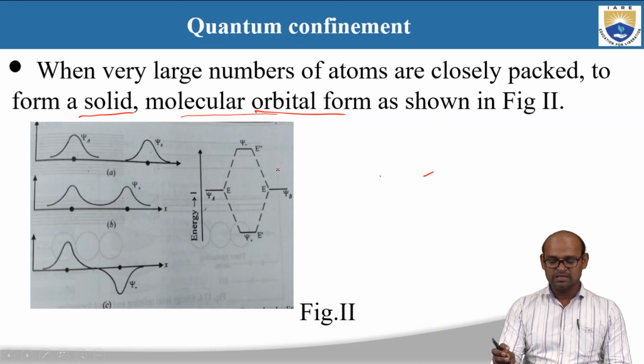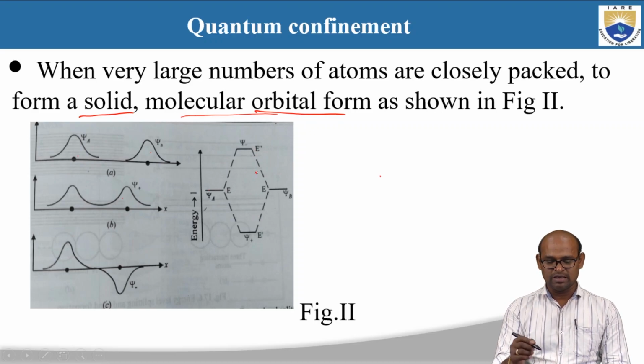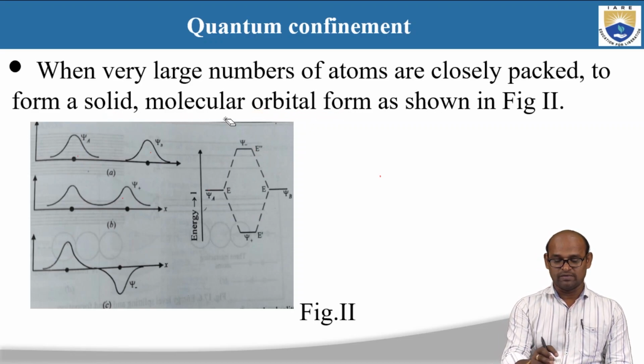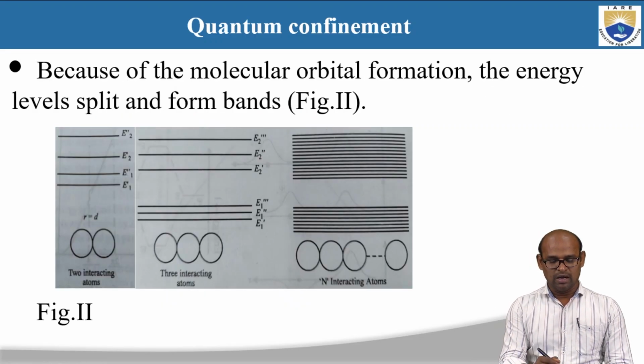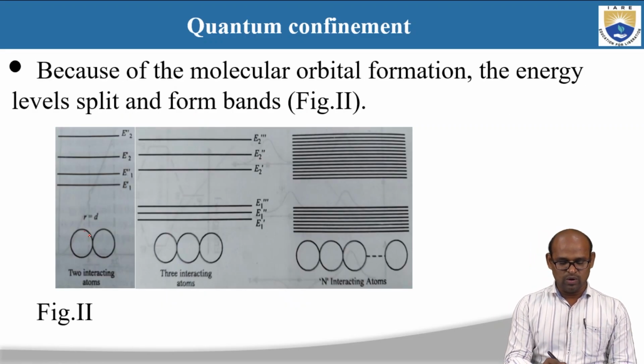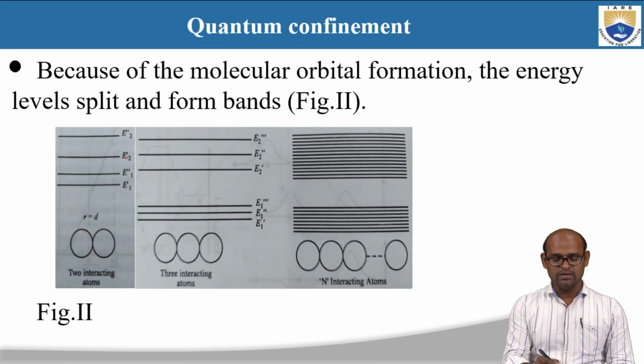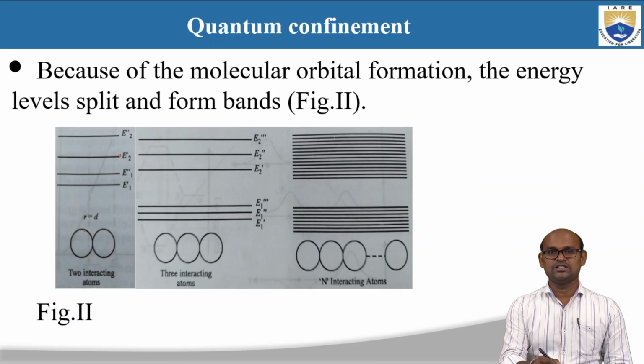When there is hydrogen molecule formation, these energy levels will split into more energy levels and there will be four such energy levels. To understand this energy level splitting clearly, you can see here, there are two hydrogen atoms together and then you see there are four such energy levels.